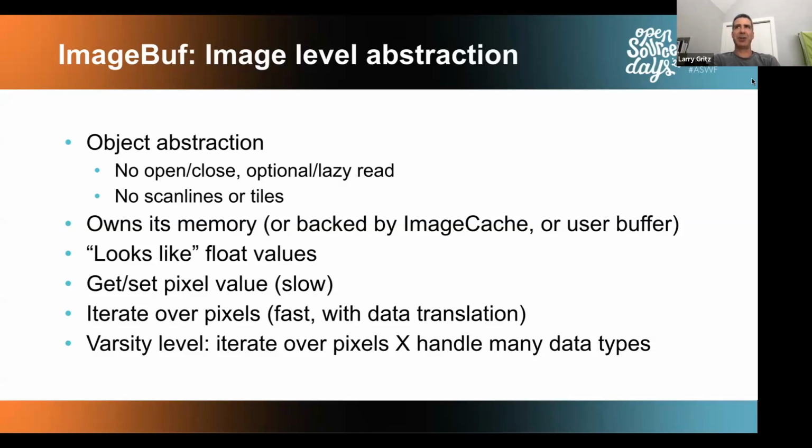That may or may not be true underneath, and you can behave as if it is. There are a few different ways to access the individual pixels. There are calls to individually get and set them, but those tend to be very slow. There are slightly more complicated methods for iterating over them, which handle all the data translation for you, and that's how the ImageBufAlgo functions are implemented, in fact.